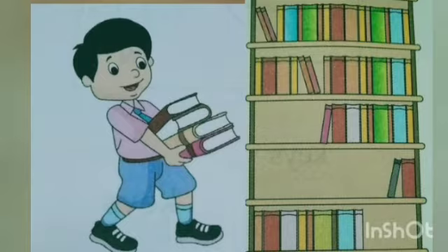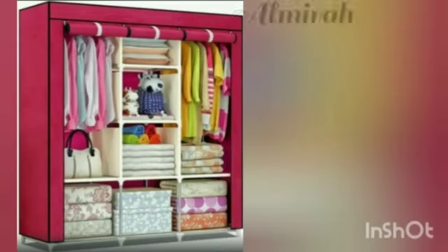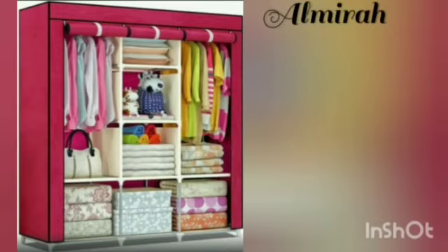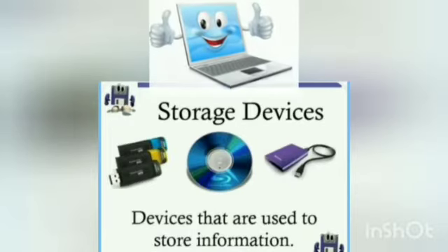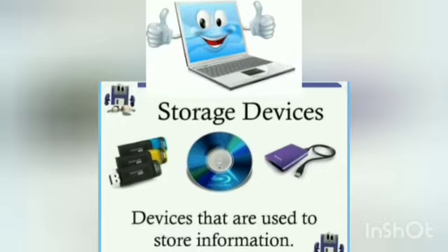It is like a storage area in our house for storing things, isn't it? Similarly, we have other storage areas to keep different things, like we use an almirah to keep our clothes. Okay, so children, in the same way in a computer, we store our data and other information in storage devices. Now, we will learn more about storage devices.